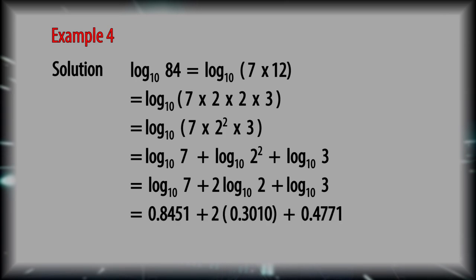So we are going to have 0.8451 plus 2 times 0.3010 plus 0.4771. We add all these and our answer is 1.9242. Very good. Well, we have come to the end of another lesson.